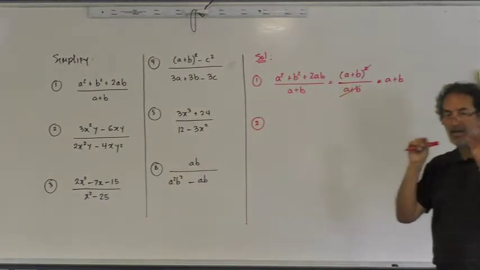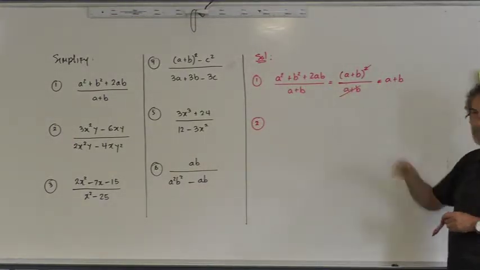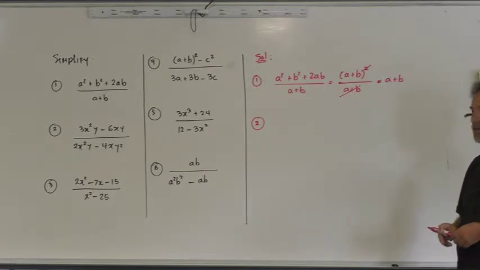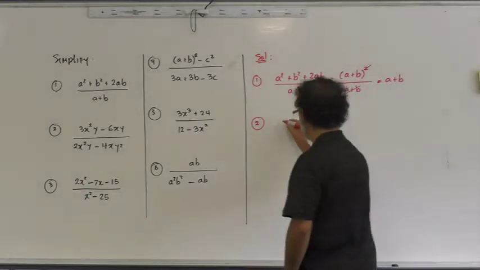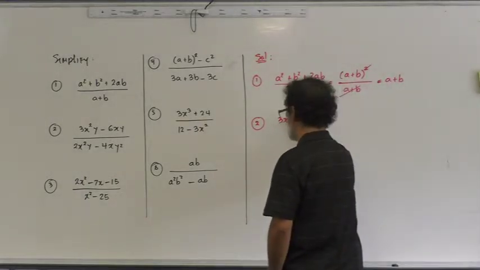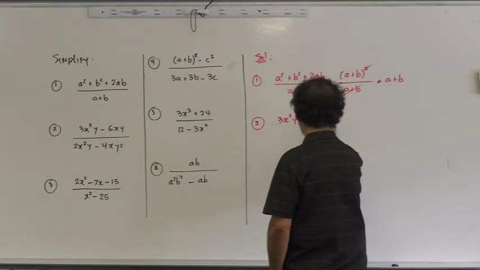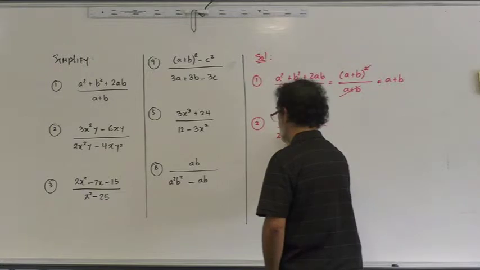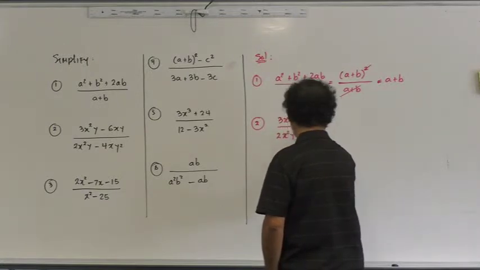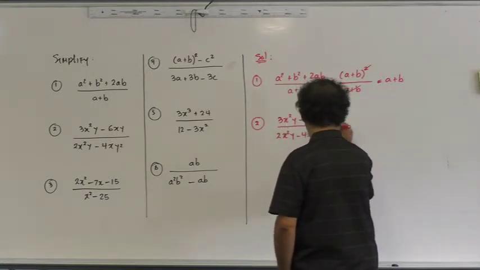So you need to identify what you have in front of you. Sometimes we have simple factorization. For example, in question 2, we have 3x squared y minus 6xy over 2x squared y minus 4xy squared.